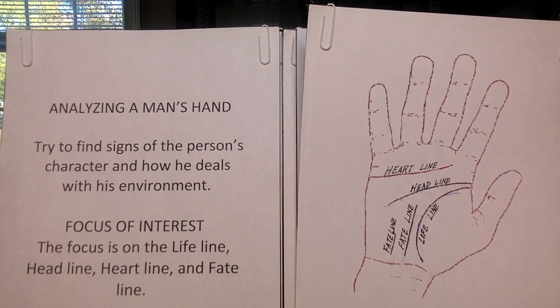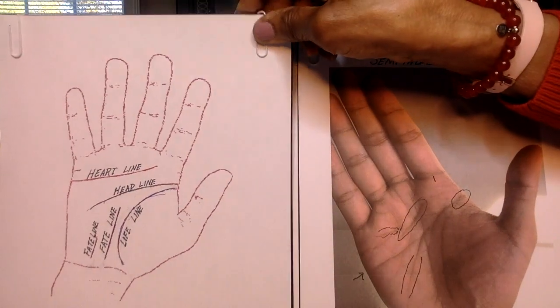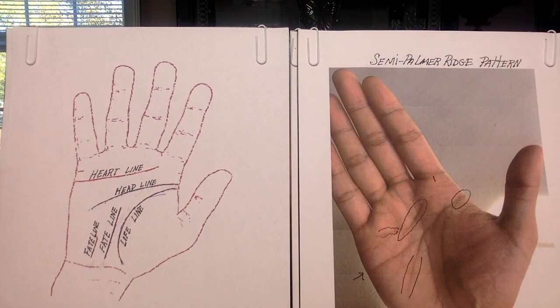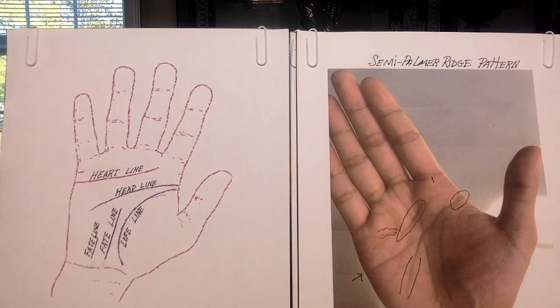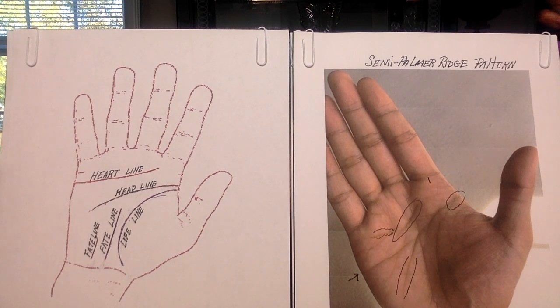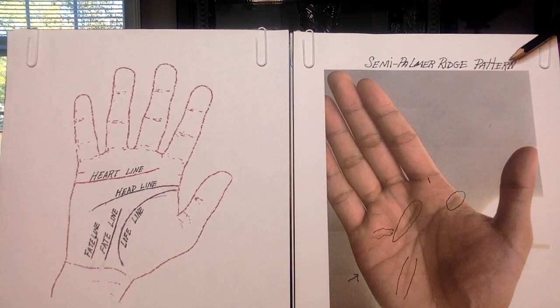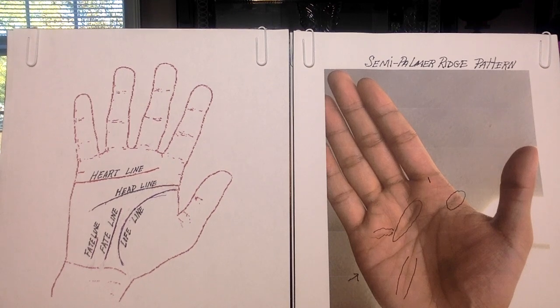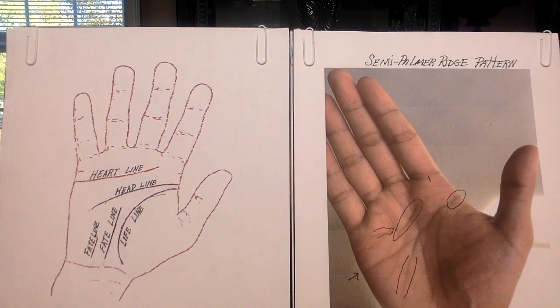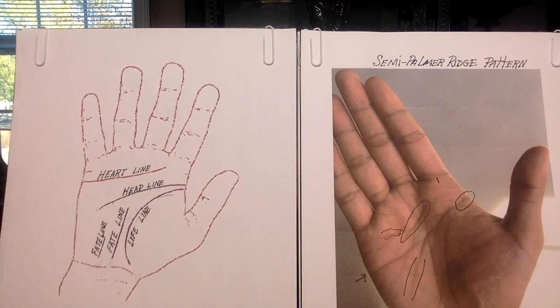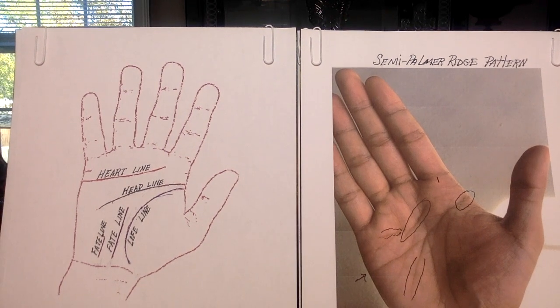All right, we go right on to the one we're going to analyze today. I hope you can see that clearly enough. All right, this is a man's hand. And I wrote at the top to get you started, it says semi-palmar ridge pattern. For those of you who are not familiar with that name, you might be familiar with the name Simian.